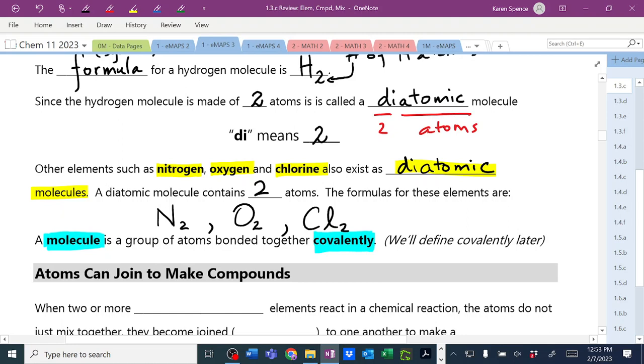Does anyone remember anything about covalent compounds or covalent bonds? And it's okay if you don't. Anything anyone wants to share? Yes. They don't share atoms, they share, yes. Okay, so when there is covalent bonding, the electrons are shared between the atoms.